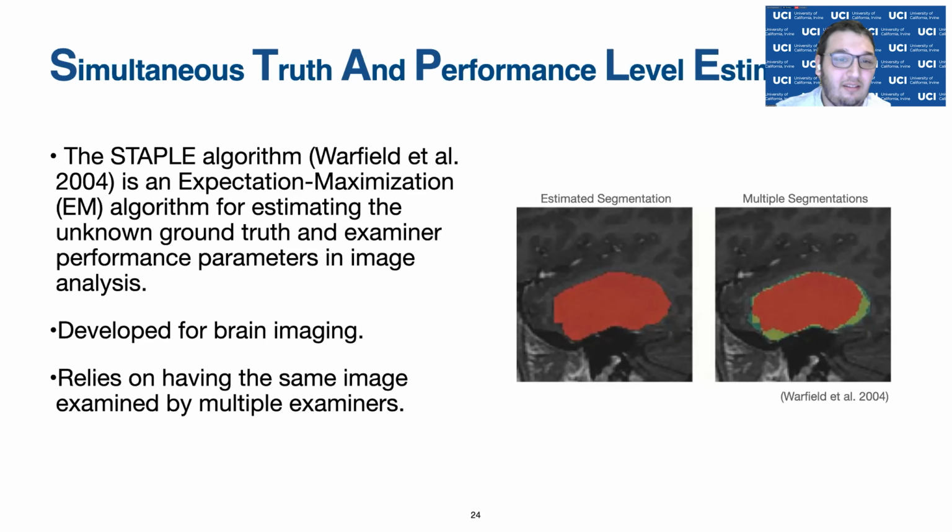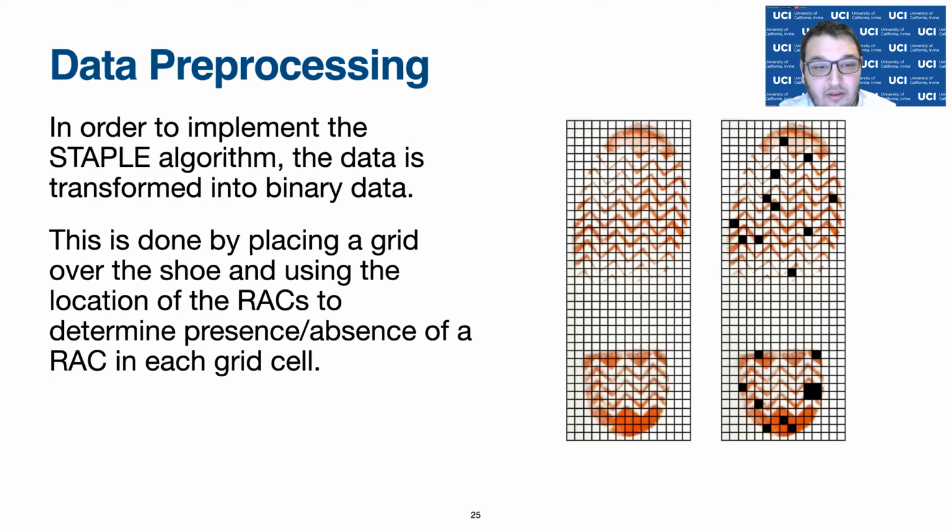Now, how do we apply this to our example? The one way we do this is that we basically take an examination of a lab print, and this is all done post examination.